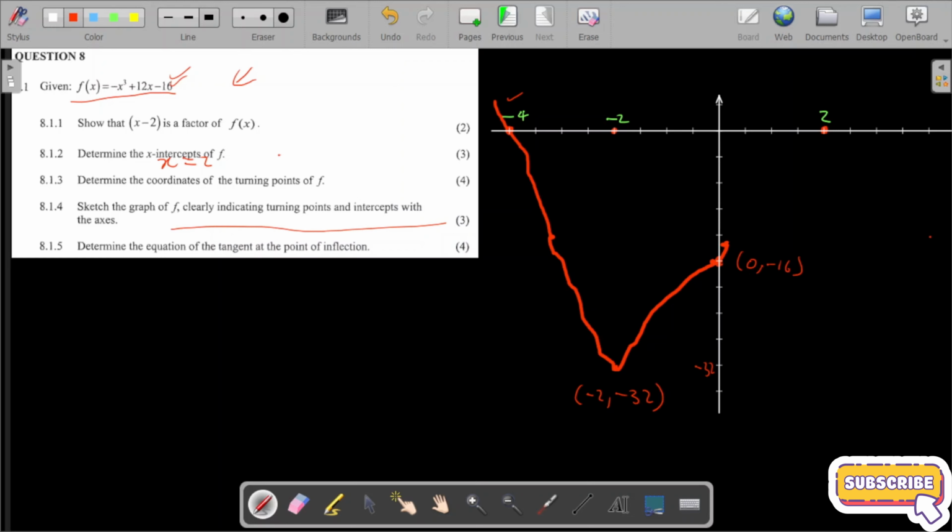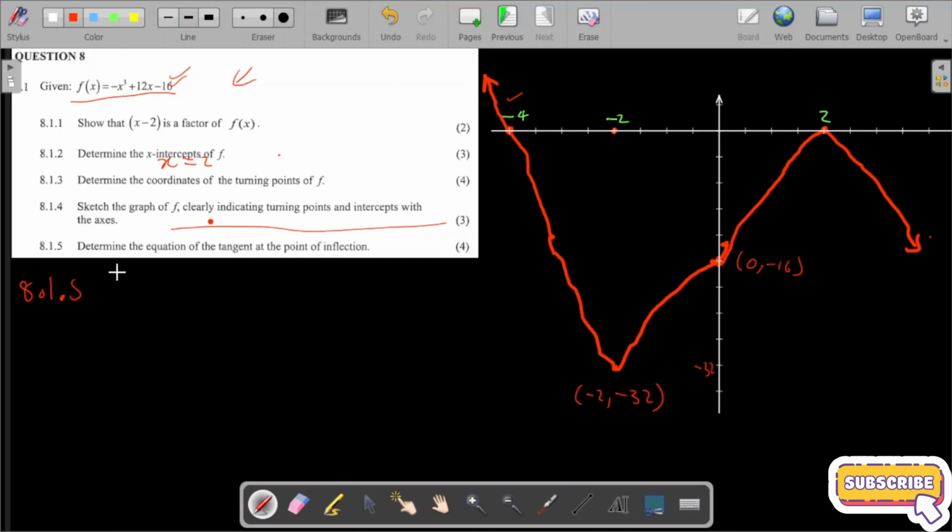I'm sorry, guys, for the lack of accuracy, but I'm trying. And then coming here, and from here it turns downward, coming downward like this. This is more or less the shape of the graph that you have to draw when we are doing this question.